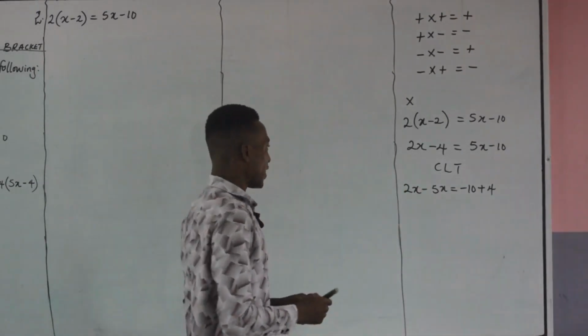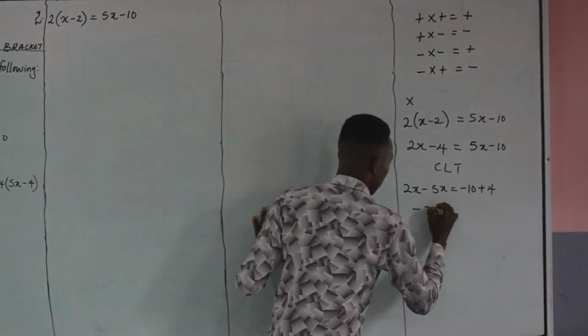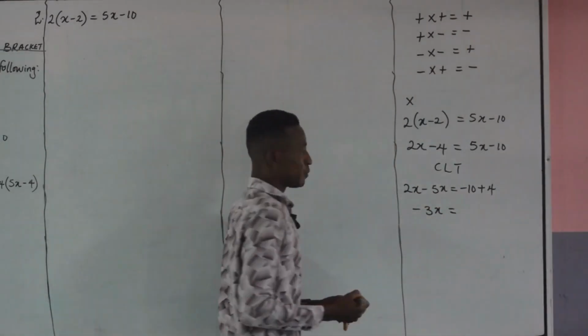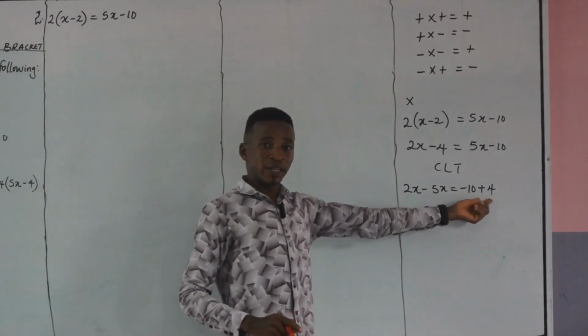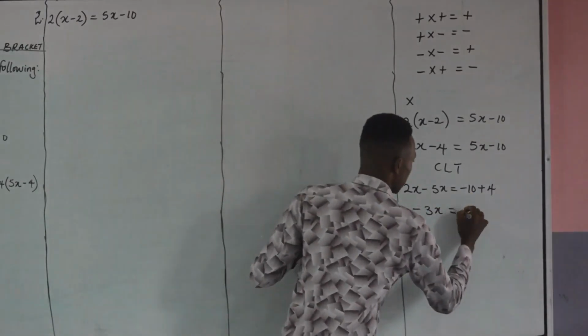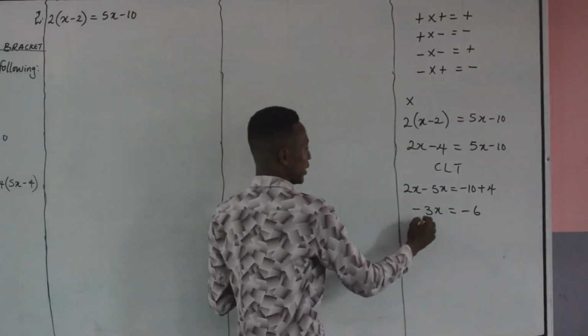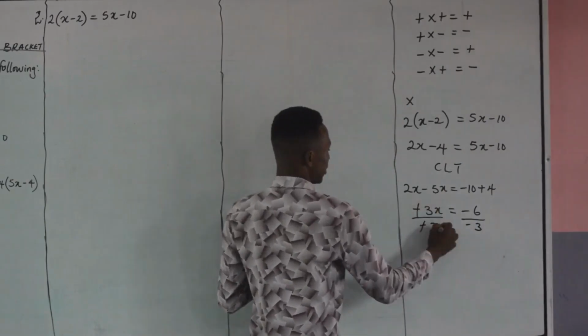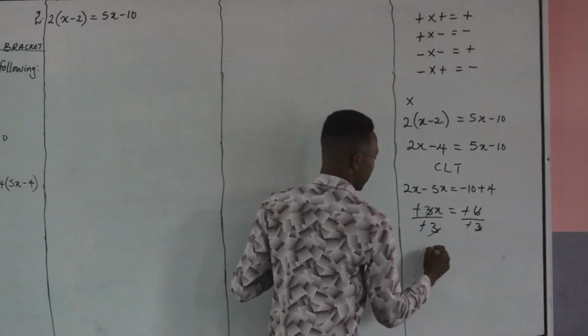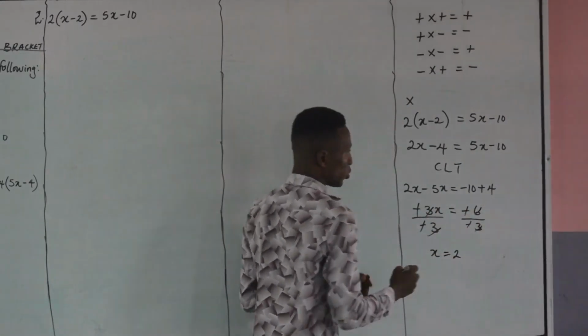So plus 2 minus 5 gives us minus 3x. Then equals to minus 10 plus 4. Also another form of direct number. So minus 10 plus 4 gives us minus 6. So here now we divide both sides by minus 3, minus 3. The minus cancels out the minus. So we have x equals to 2.